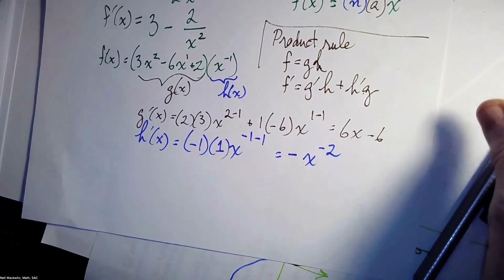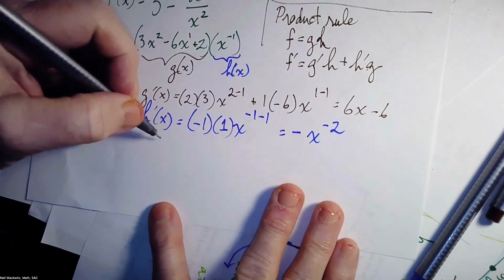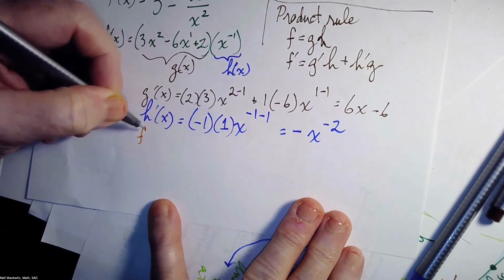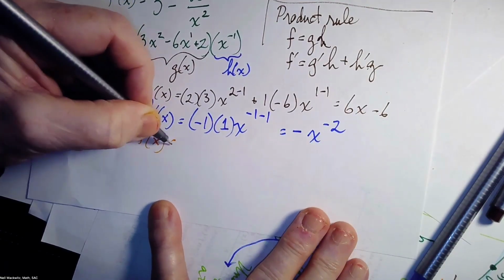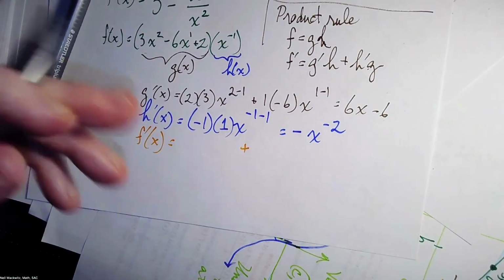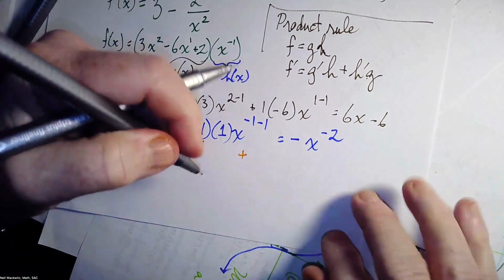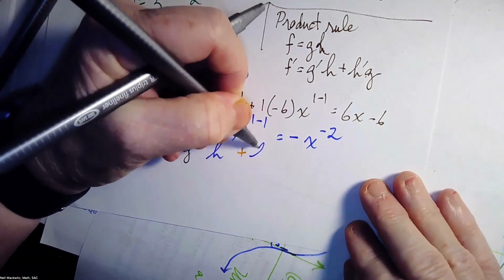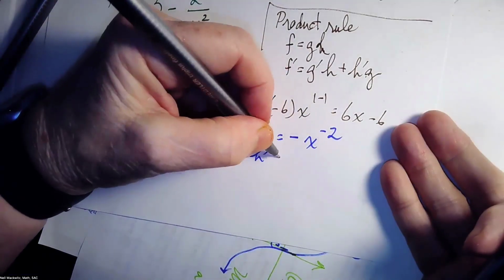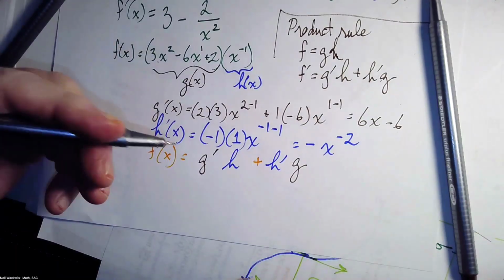So let's see. We know that f prime is g prime h plus h prime g. So let's fill in. So we've got everything.